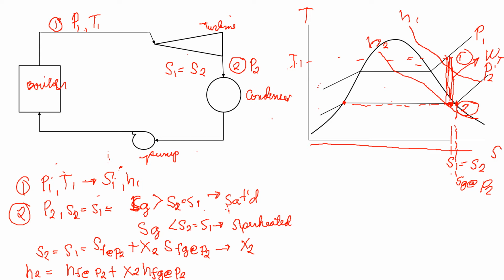In the part of the condenser, it is assumed that it is releasing heat at a constant pressure. This is your QR or heat rejected from the system. So the condenser will try to make the liquid as much as possible at a saturated liquid line.